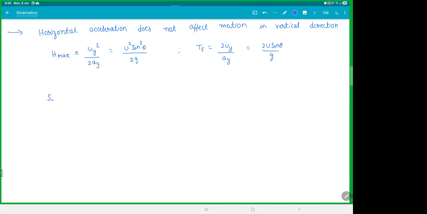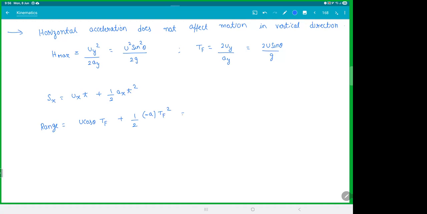What if you want to find the range? Sx is equal to uxt plus half ax t square. So for the horizontal distance, the range, ux will be u cos theta. This will be your time of flight. Acceleration is on the left-hand side, so minus a. If it was right, I would have taken plus a. And this is the time of flight square.